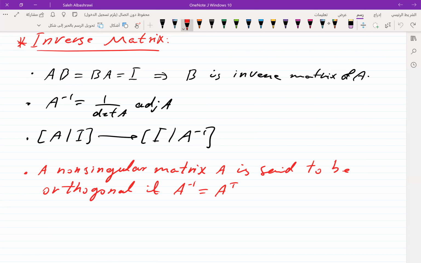Given a non-singular matrix A, we say that it is orthogonal if A inverse equals A transpose.